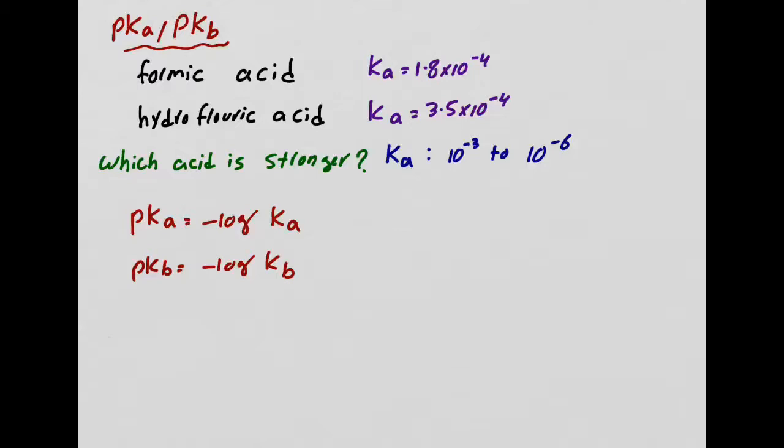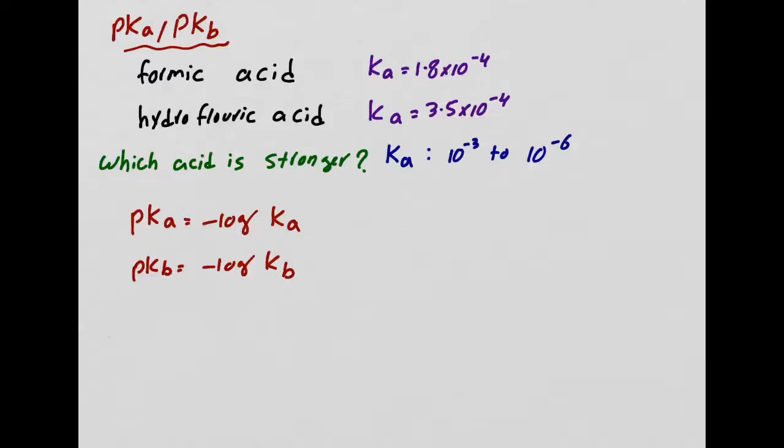So here's what I want you to do. I want you to figure out the pKa for formic acid and the pKa for hydrofluoric acid. Again, it's minus log of the Ka value. So, pause me, figure out the pKa for those.